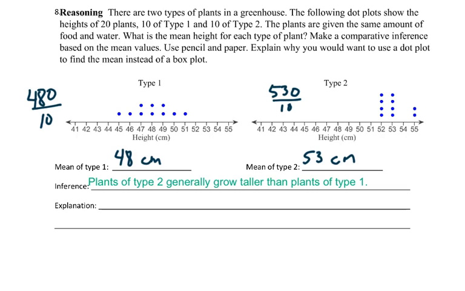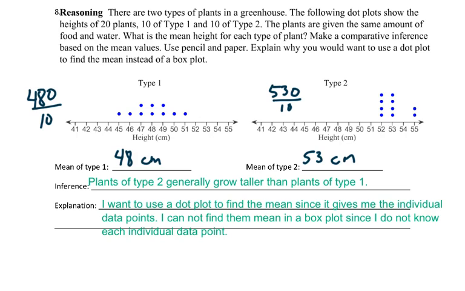A dot plot that we have here gives the individual values that we can add up and then divide by how many we have. So we want to use a dot plot to find the mean because it gives all the values in the data. A box plot does not give individual data points.